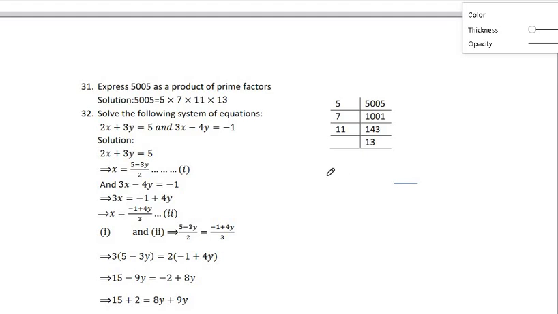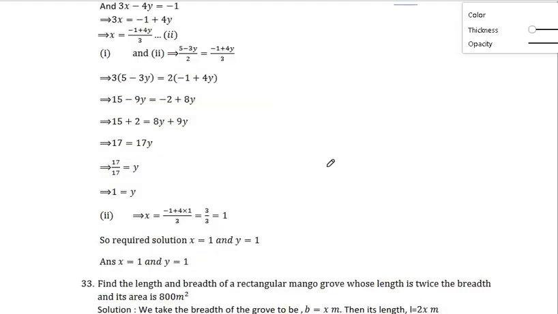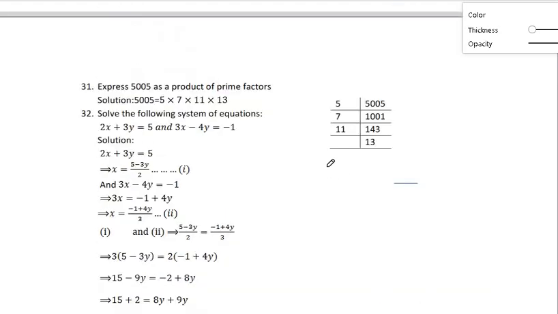Next, let us come to question number 32. This one I have solved by the elimination method, equating the coefficients. The first equation is 2x plus 3y equal to 5, so x equals (5 minus 3y) divided by 2.